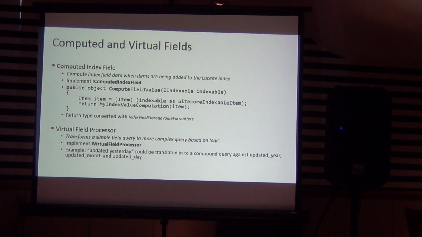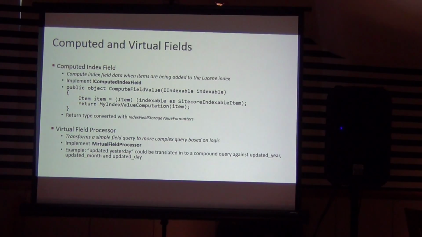I find the naming a bit confusing, but basically it receives a query and then does some work on that. My example here is that I'm asking for the field updated, which would be my virtual field, and then I'm saying where it matches yesterday.